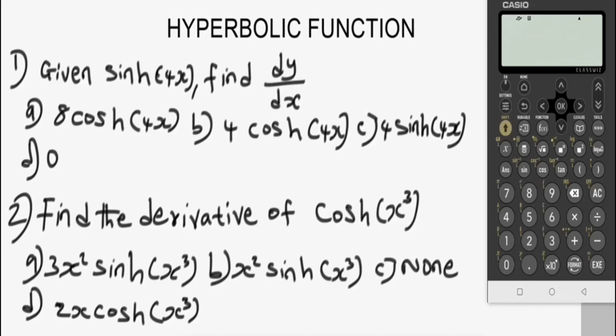So we have 3x squared, this shift and this 0 button, square. Alright, sinh. That's a hyperbolic function. Go to catalog, navigate down. Okay, so we have sinh x to the power 3, close the brackets.